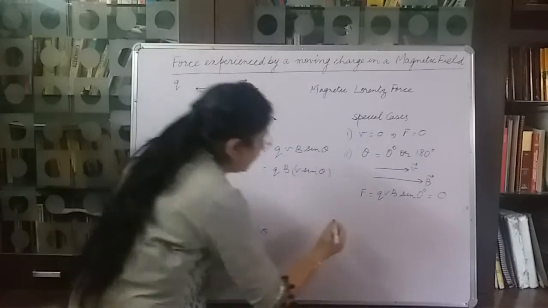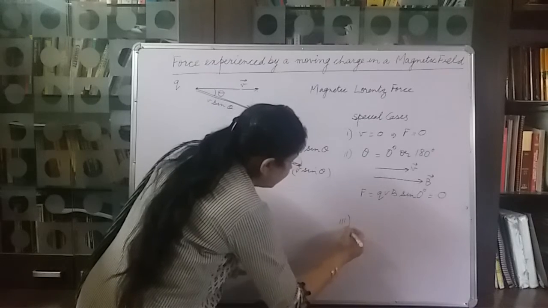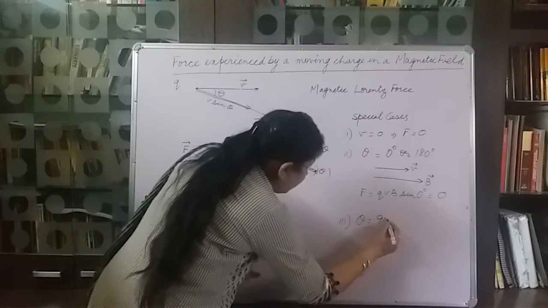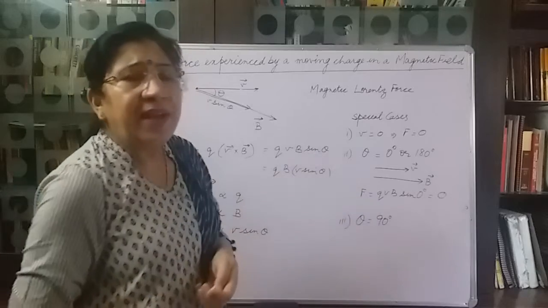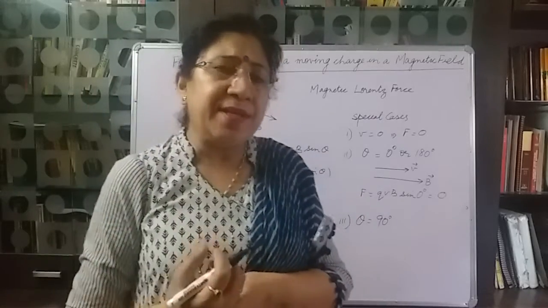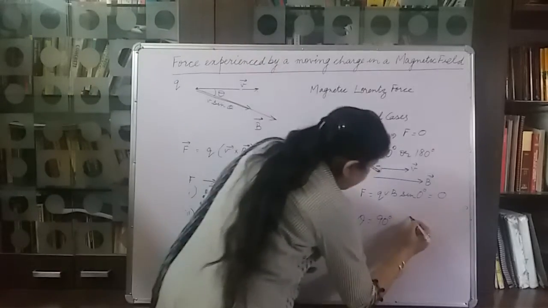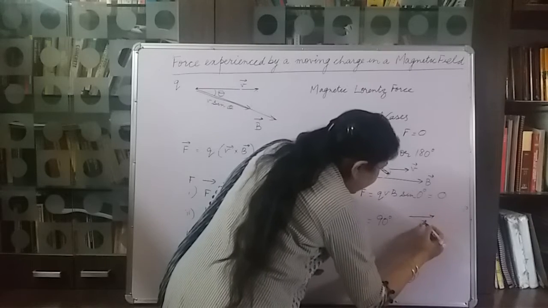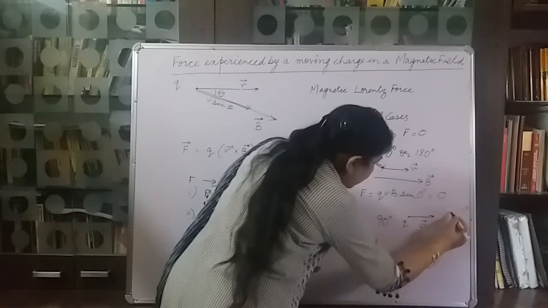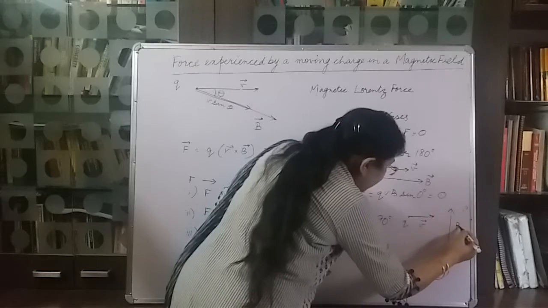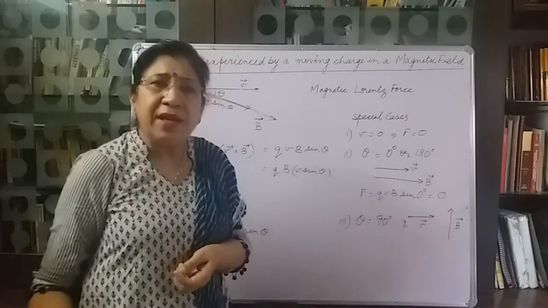Another case, if the angle between velocity vector and B is 90 degrees, that is, the particle is moving in a direction perpendicular to the magnetic field.